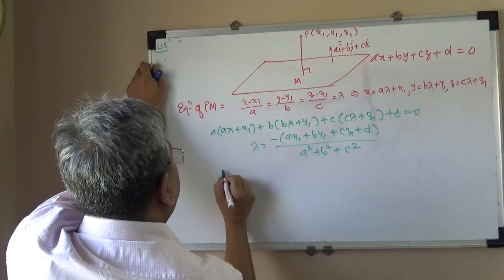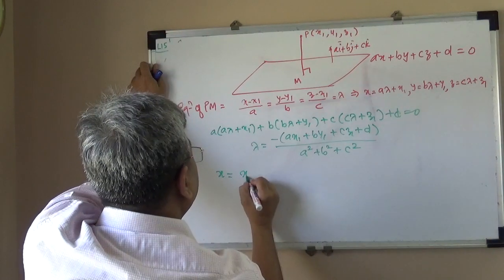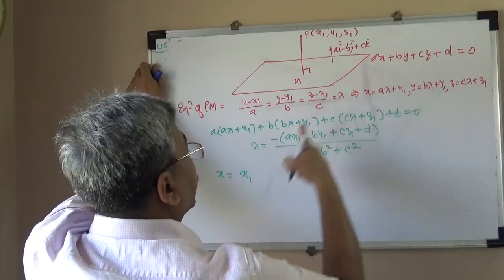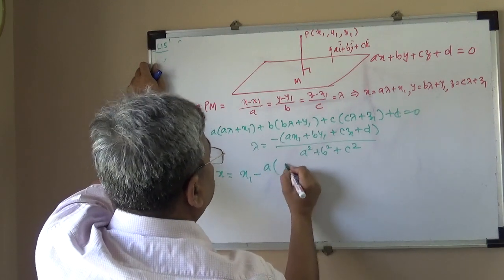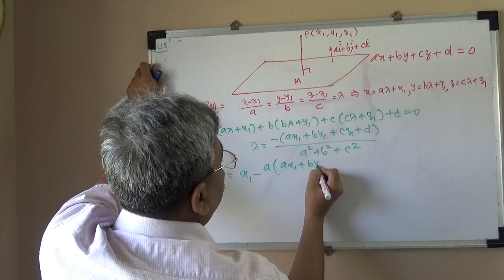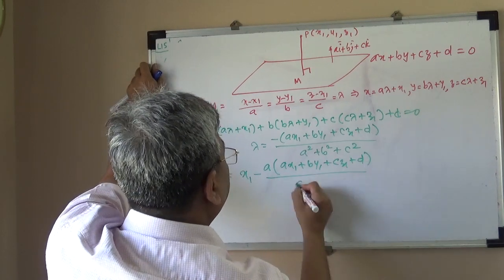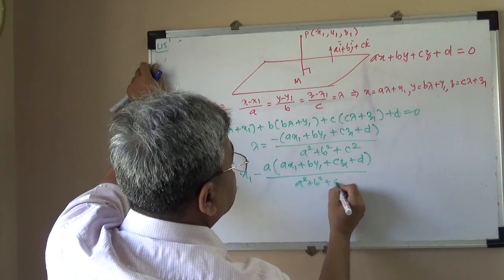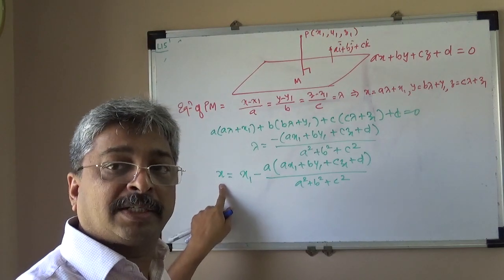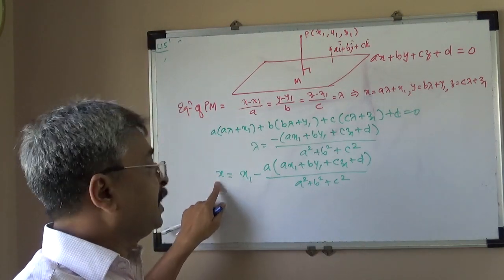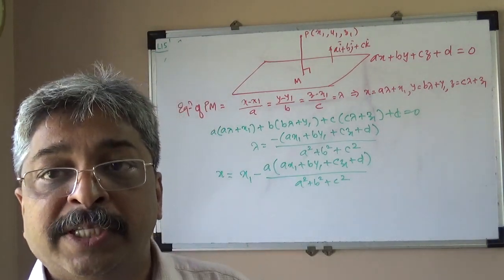Therefore, x equals x1 plus a lambda, which is x1 minus a times (ax1 plus by1 plus cz1 plus d) divided by a square plus b square plus c square. This is the foot of perpendicular, the coordinates of M that we are finding. This is the x coordinate; exactly similar will be the y coordinate and the z coordinate.